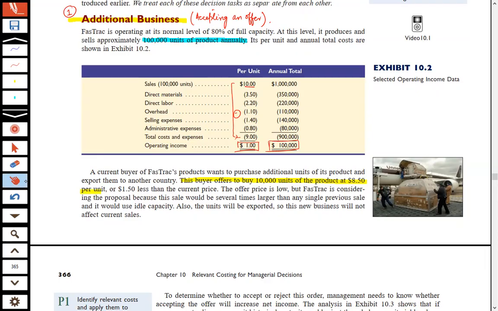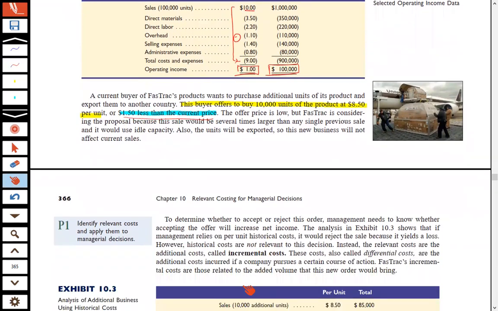The organization is currently selling that product at $10 per unit, so the offer is 1.5 less than the current price. That makes sense. The offer price is low, but Fast Track is considering the proposal because this sale would be several times larger than any single previous sale, and it would use idle capacity as well. Also, the units will be exported, so this new business will not affect current sales. So the situation is whether to accept this offer or not.